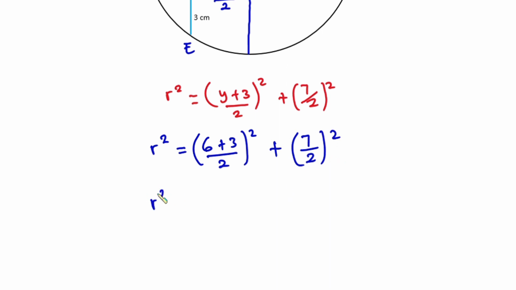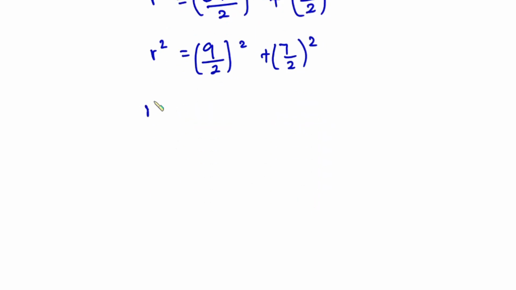We have R squared is equal to (9 divided by 2) all squared plus (7 over 2) all squared. So this implies that R squared is equal to 81 over 4 plus 49 over 4.